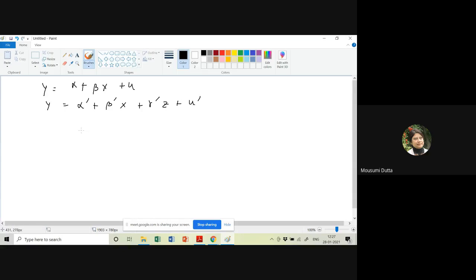Okay, so explain under what circumstances we can have that is, the coefficient values associated with x will be similar. Okay, so anyone?